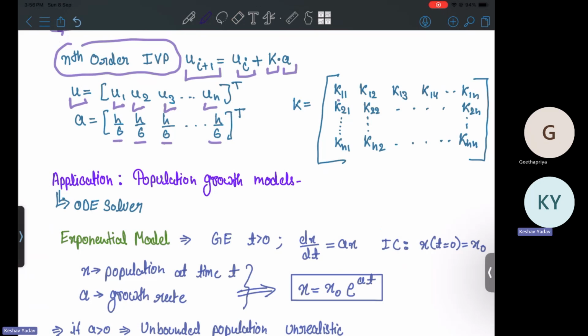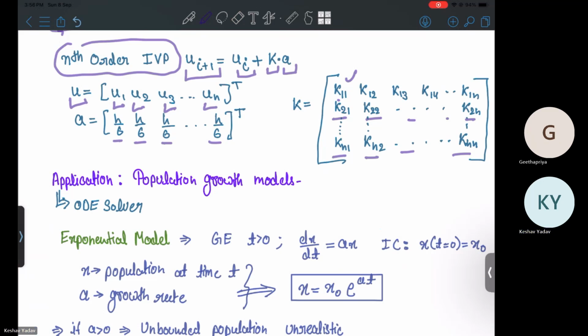So k1, k2, k3, k4 for the first equation, k1, k2, k3, k4 for the second equation, up to k1, k2, k3, k4 for the nth equation. Like that we can solve any higher order initial value problem by converting it into n first order initial value problems.